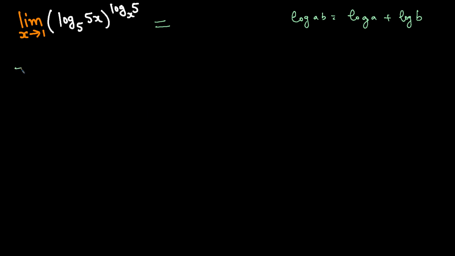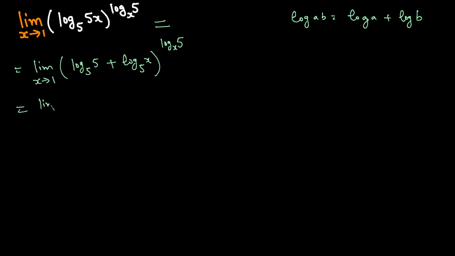Let me write it down over here. So we've got limit x approaches 1, and my a is 5 and my b is x. So I get log base 5 of 5 plus log base 5 of x, raised to the power log base x of 5. And you all know log with the same base of the same number is 1.